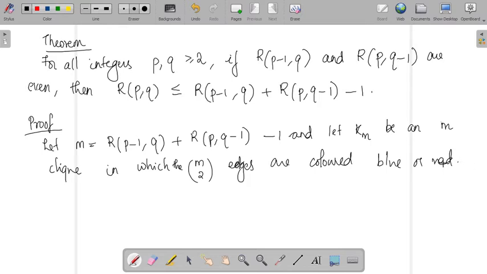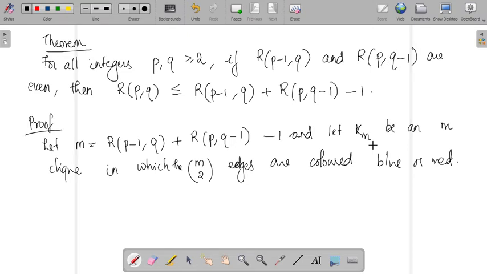Okay, so we are taking m to be the number R of P minus 1, Q plus R of P, Q minus 1, minus 1, and we are considering an m-clique. So in an m-clique there will be a total of mC2 edges.